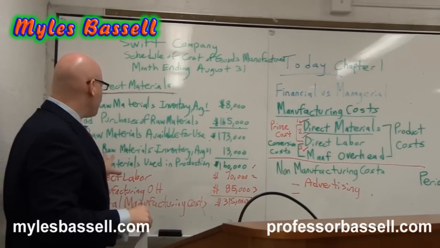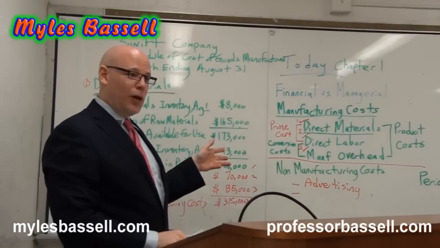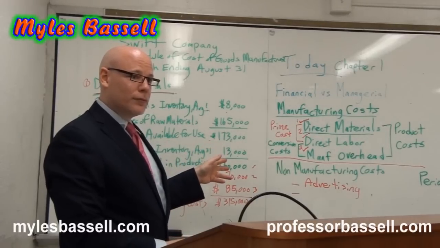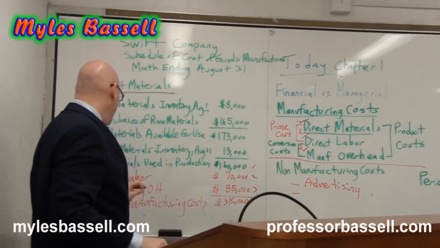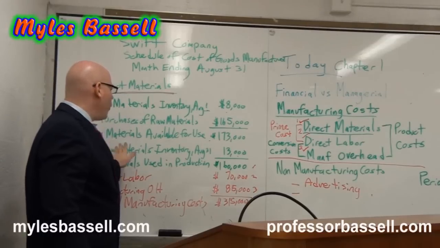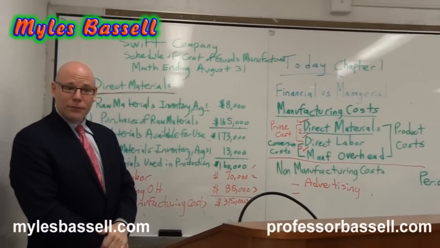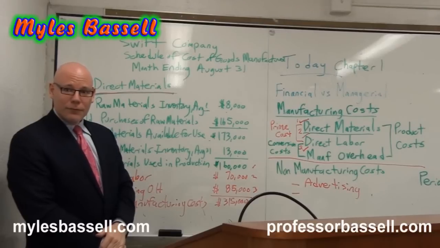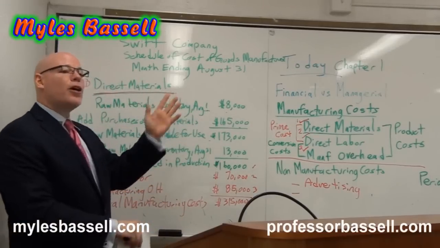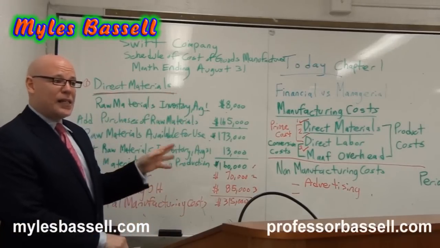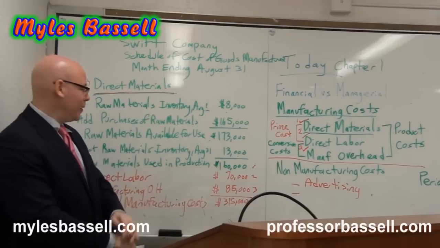But we need to find out how much of the plastic we actually use that month. The way we do that is we look at how much plastic is left at the end of the month. We started with $8,000, we bought $165,000. How much is actually left? In this case, we're told that we have $13,000 worth of plastic.